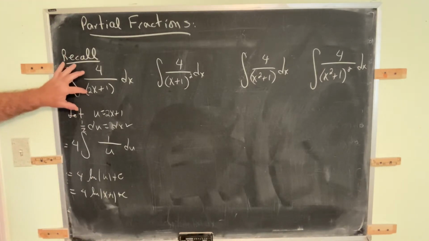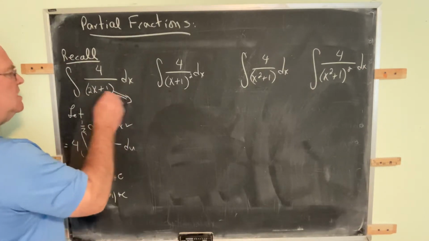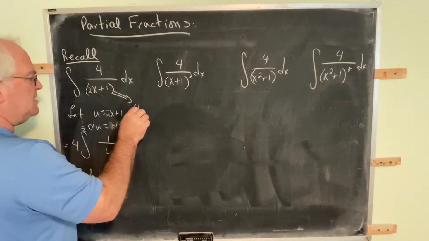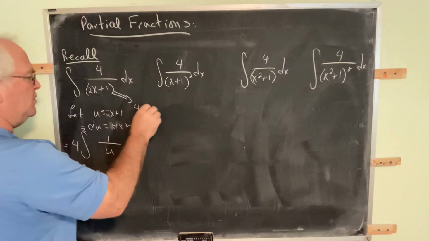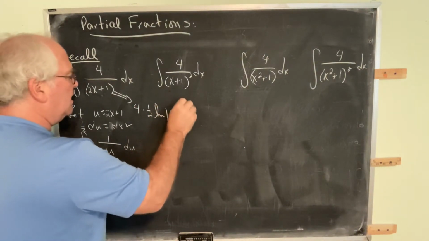So if there is a coefficient in front here, that just takes the form of the 1 over a rule. This is the natural log form. The constant multiplier multiplies along, we have the 1 over a rule, and then the natural log of the absolute value of 2x plus 1.